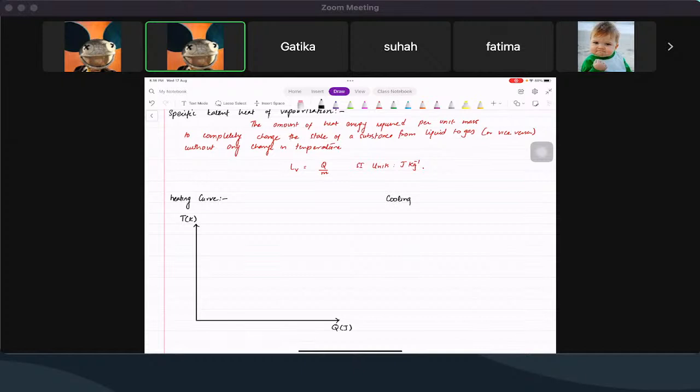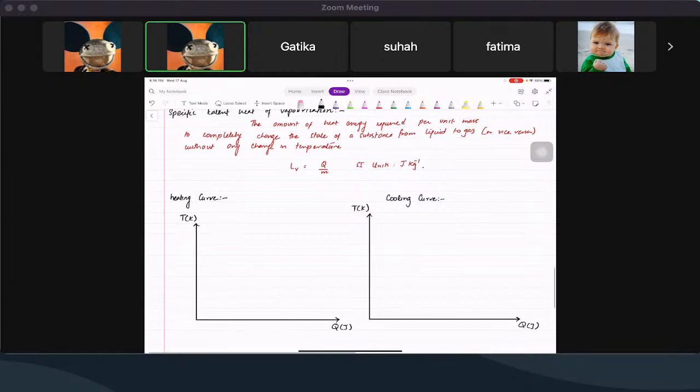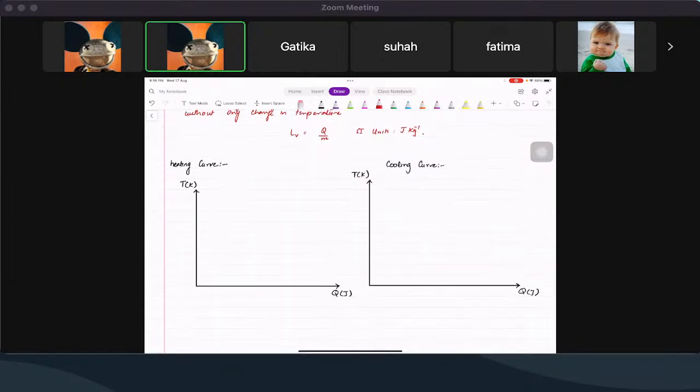Okay. Similarly, we can also draw a cooling curve. A cooling curve would be something like this. So again, temperature in kelvins and Q in joules. Okay, now, so heating curve means that, oh my god.